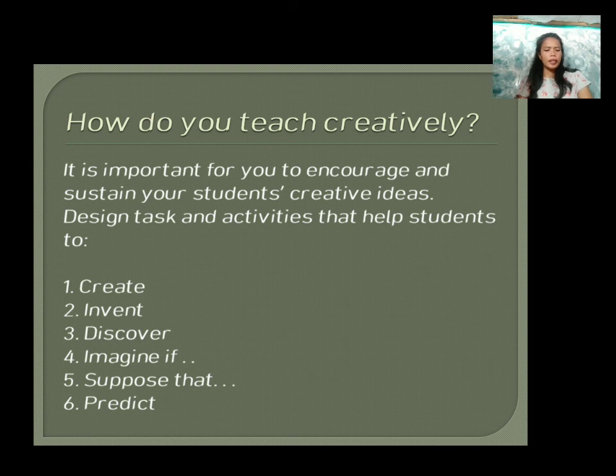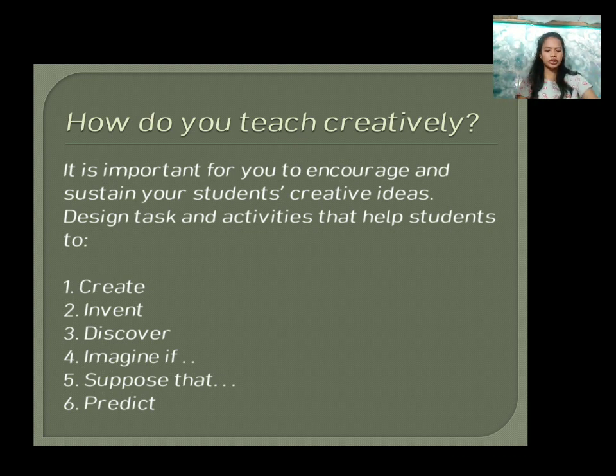So, dito sa creativity, mas lalong na-engage yung students or mas nagaganahan sila pag mga creativity yung pinapagawa natin, hindi ba? Kasi doon, nagkakaroon sila ng pagkakataon na i-apply yung sarili nilang knowledge or skills.